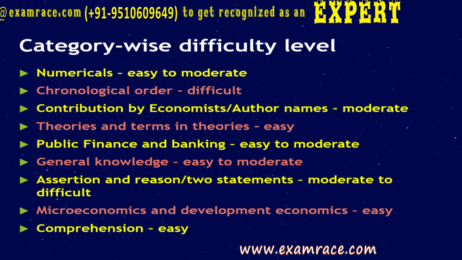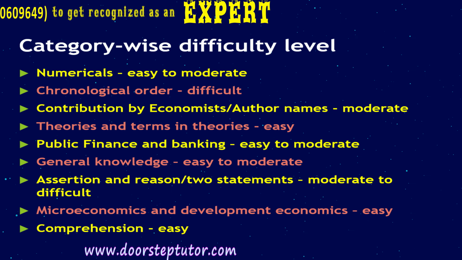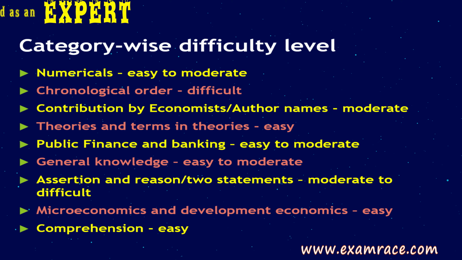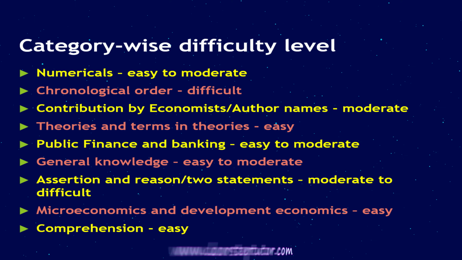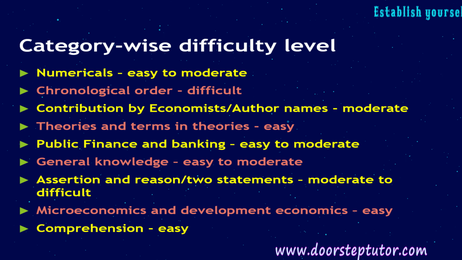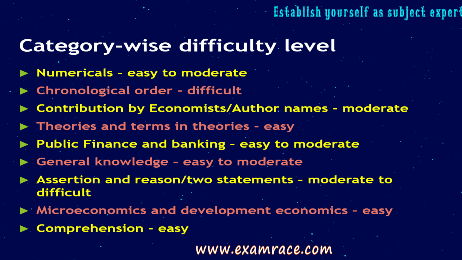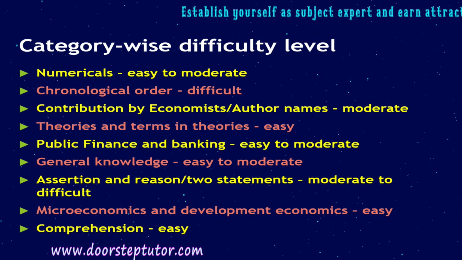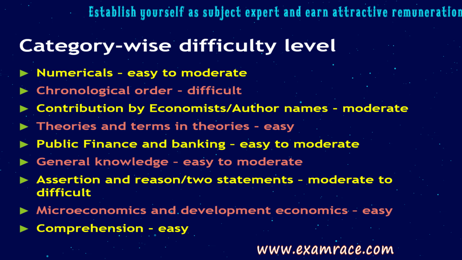There were various numericals asked on topics such as terms of trade, income multiplier, convergent and divergent series, which is a part of statistics. Then there was Cobb-Douglas production function. I think there were two questions asked from this Cobb-Douglas production function. Then there was also the inverse of matrix and cost function.